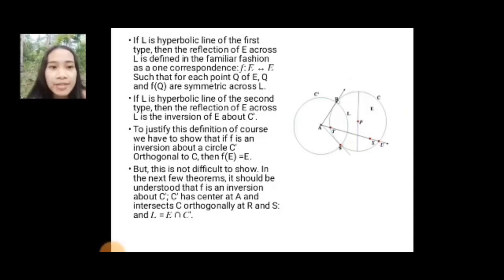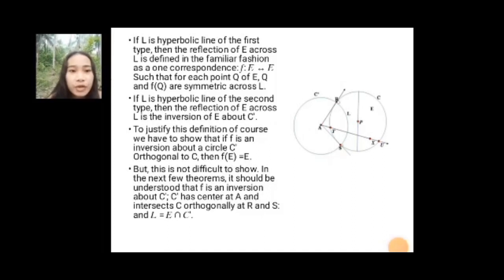To justify this definition, of course, we have to show that if F is an inversion about a circle C prime orthogonal to C, then FE equals E. But this is not difficult to show.